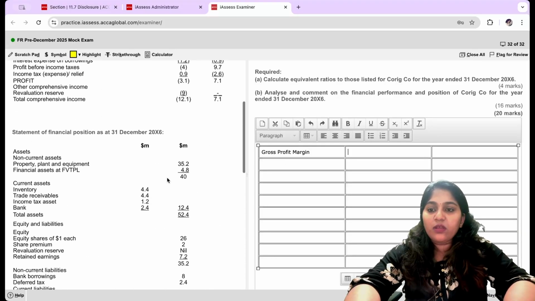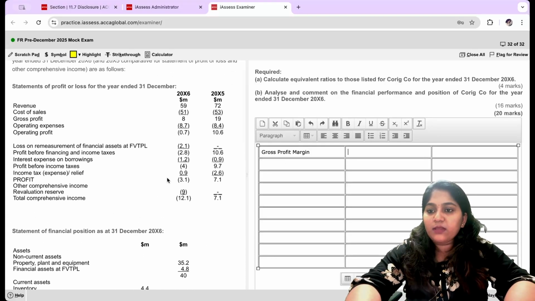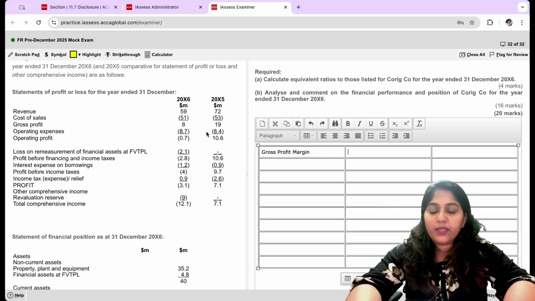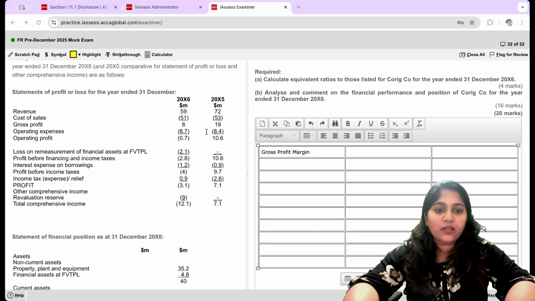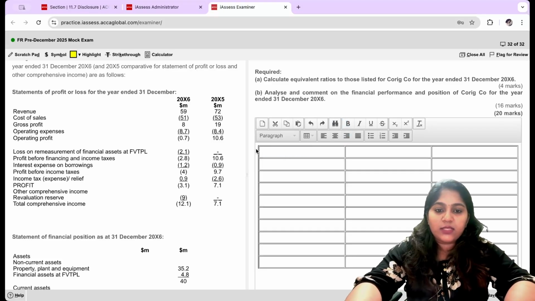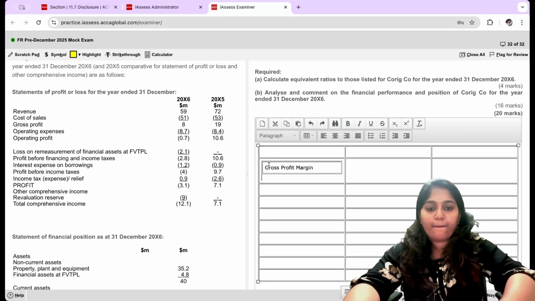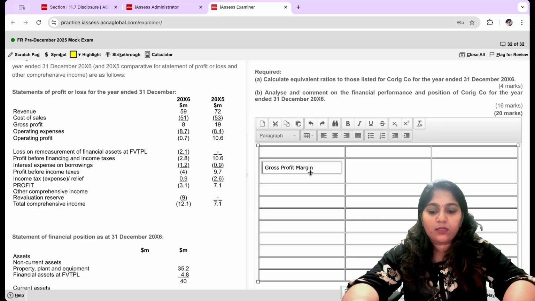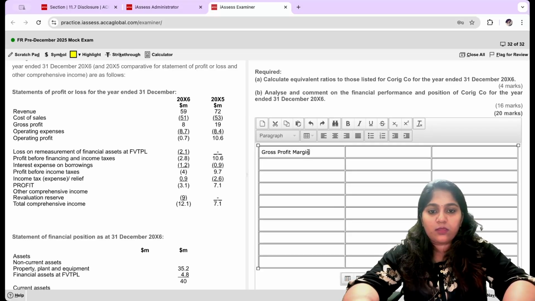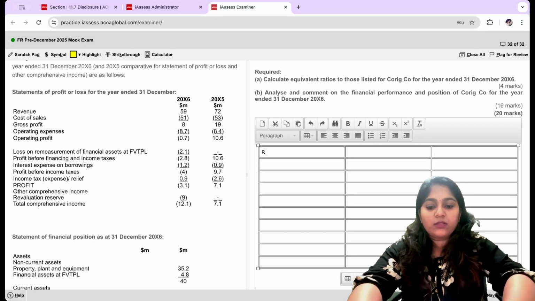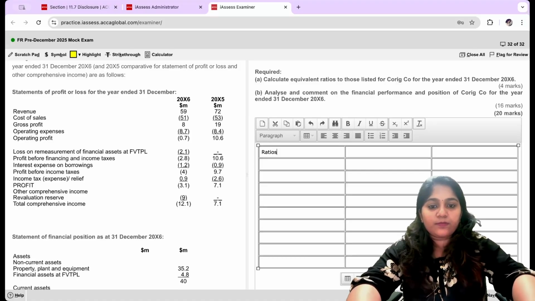It is gross profit divided by revenue. X5 they've already calculated. It's your job to calculate for X6. So you can take this as ratios, and these are all the workings.